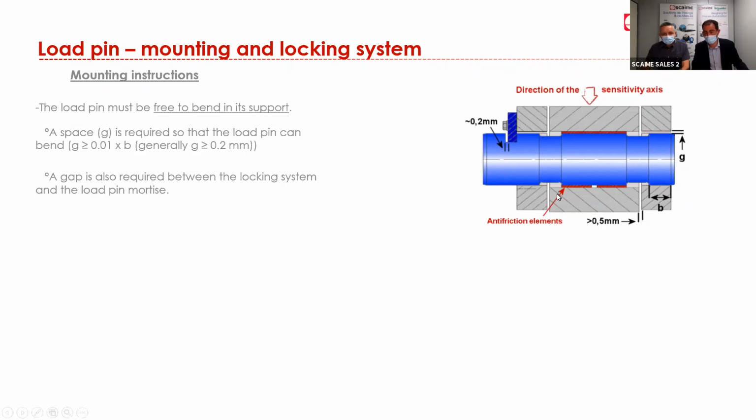The space J, which is on the diameter of the pin, in order for the pin to bend in its position, but also a gap related to the locking system in the axial translation, so that any stress or efforts cannot go through the locking system to the load pin. Otherwise, it's going to affect your measurement.